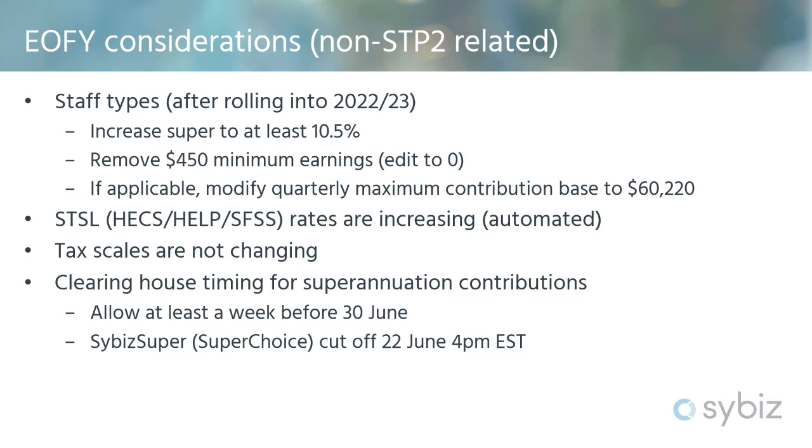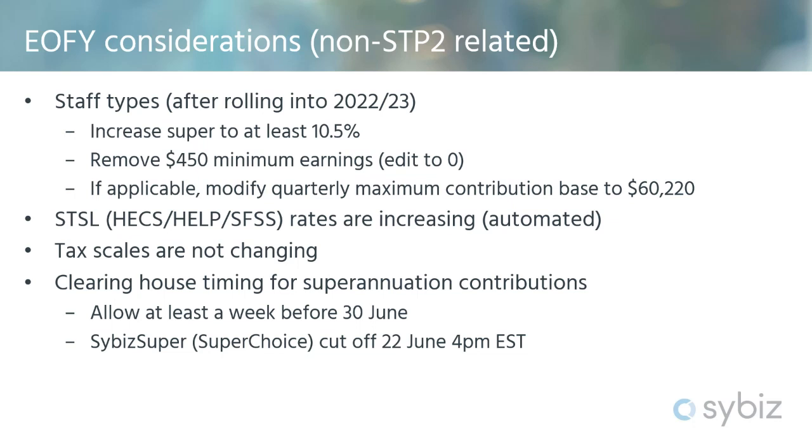Another thing to consider as well is if you have your employees on the basis of a package that includes super, there may be some adjustments required there from the hourly rates and annual salaries. Yeah, we'll just leave you to determine that. The $450 minimum earnings requirement in order to have a super entitlement, that has been legislated out as well from the 1st of July.